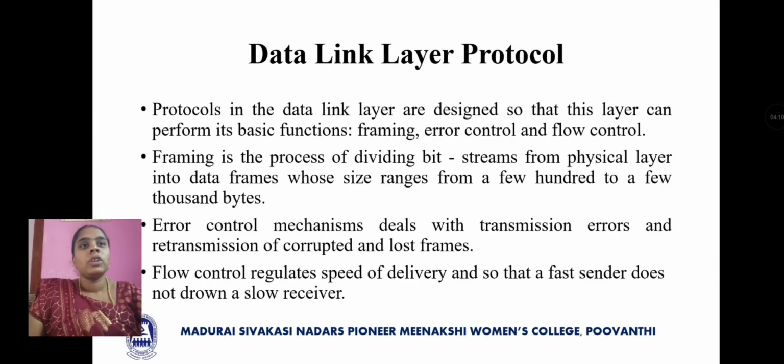Then flow control is the mechanism used to regulate the speed of data transmission between the sender and the receiver. The data transferred from the sender to the receiver must be in a controlled manner. For example, if the sender is on a faster network and the receiver is not as fast, it may cause overload to the receiver.